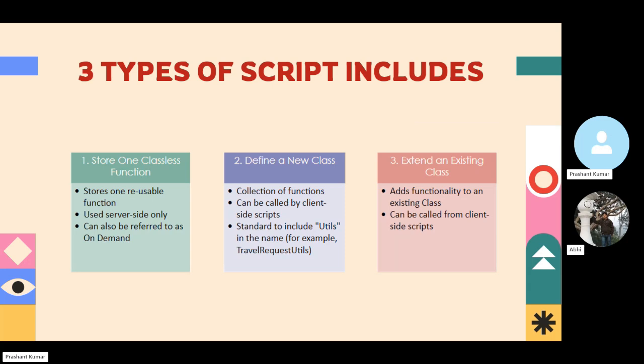So it can be used frequently for multiple requirements. And we can define a new class also, a collection of functions. So we can write multiple functions inside a specific class. If we have to use multiple functions, then we create a class and write those functions under it, so it will have a collection of functions.